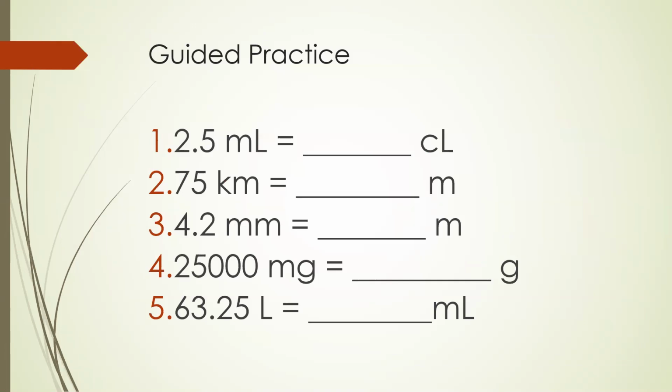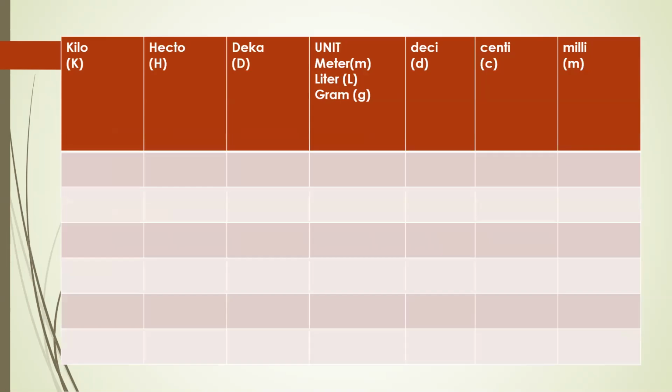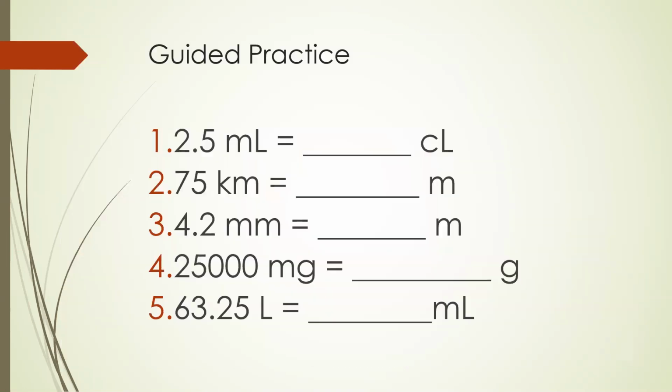So let's go back. If you imagine 2.5 going where the milli is, I have to go to the left one place to get to centi. So if I go to the left one place, my decimal is going to be out here. So it's going to be 0.25.